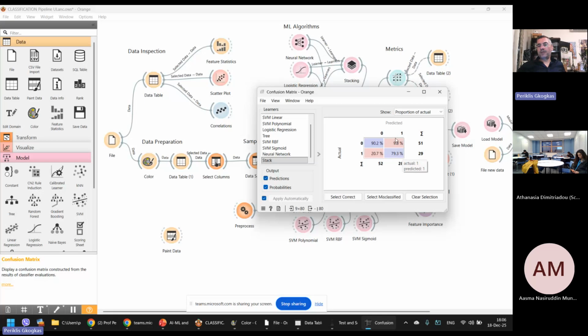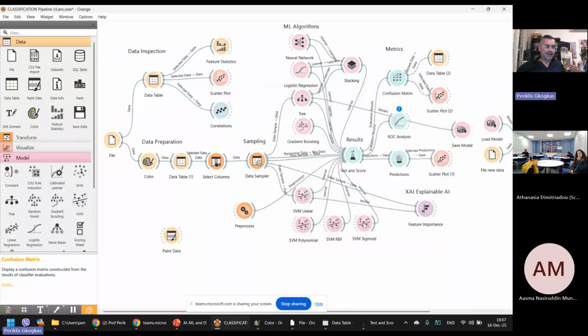And of course, 9.8% of good customers were wrongly misclassified as bad, and 20% of the bad customers were misclassified as good customers. So this is why we use the confusion matrix. Again, the confusion matrix is only relevant to classification problems.